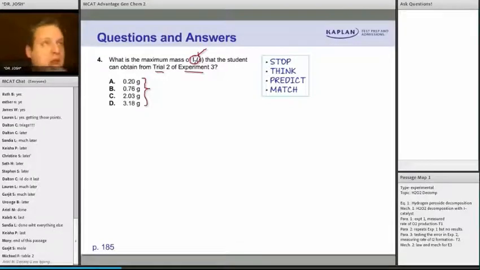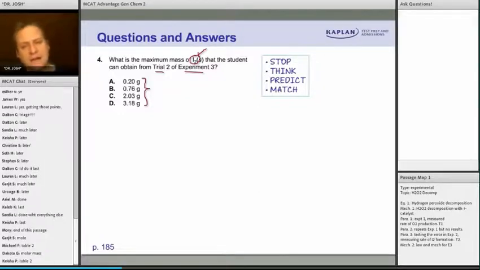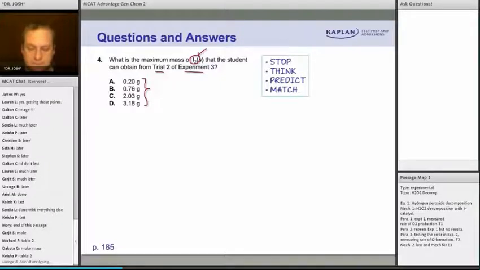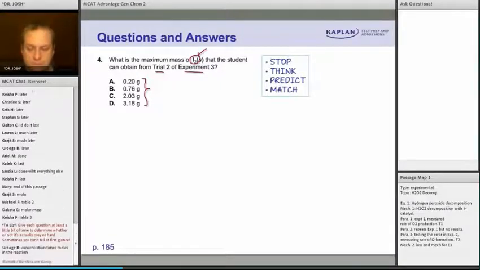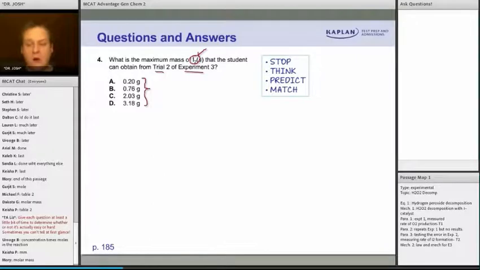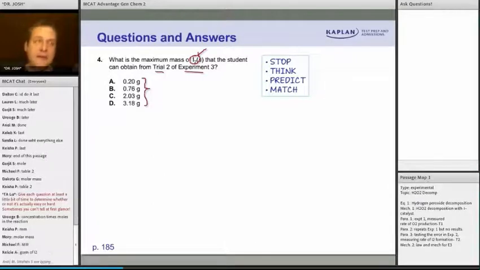So what do you think? What kind of info are we going to need to solve this if I want to get the amount of I2 formed from experiment 3? If I want to get grams, I'm going to do moles of I2, without a doubt. How am I going to get moles of I2? What do I need to get moles of I2 so I can convert that to mass of I2? I'm thinking about the maximum mass.